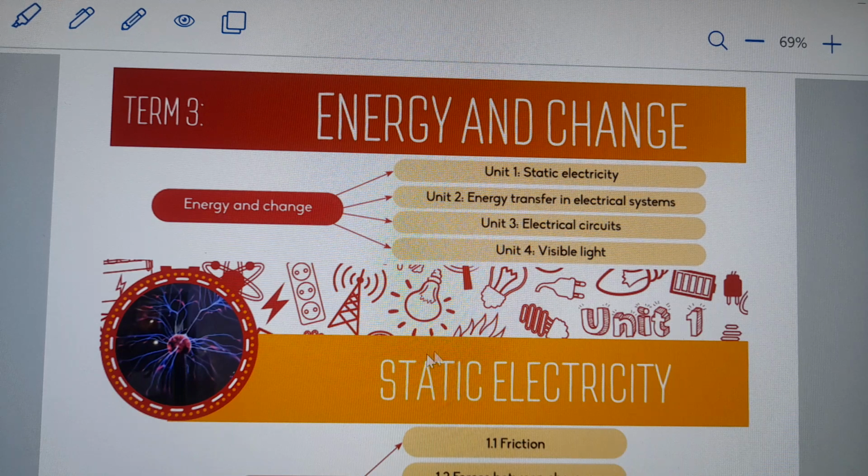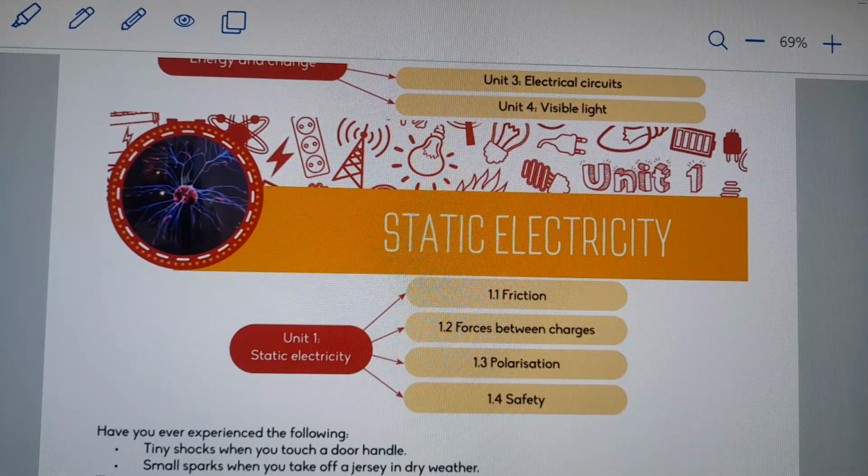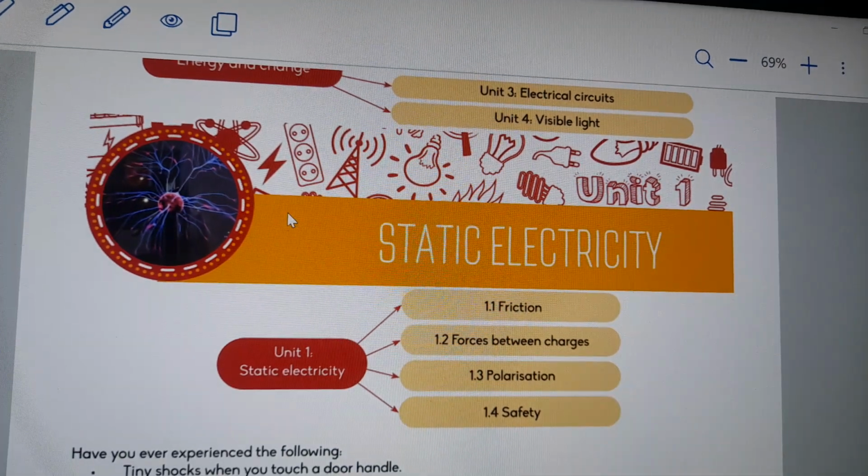Static means something that is stationary, something that is not moving. Static electricity is divided into 4 sections: 1, friction, 2, forces between the charges, 3, polarization, and the last one is safety.